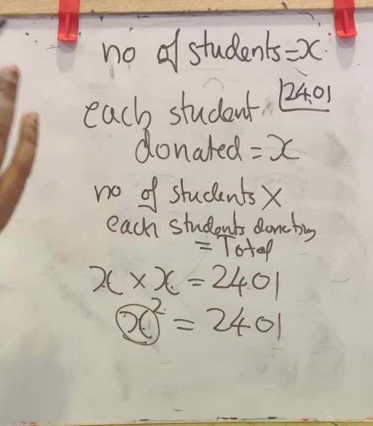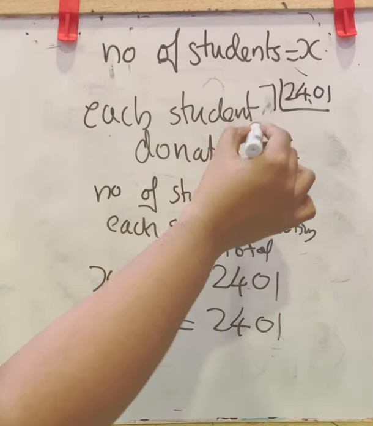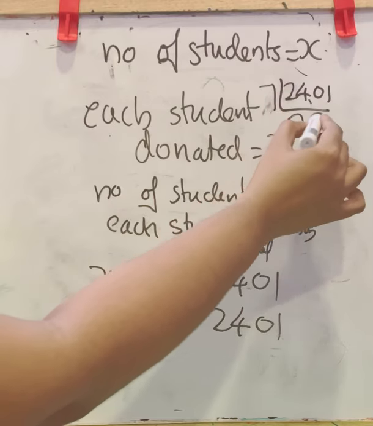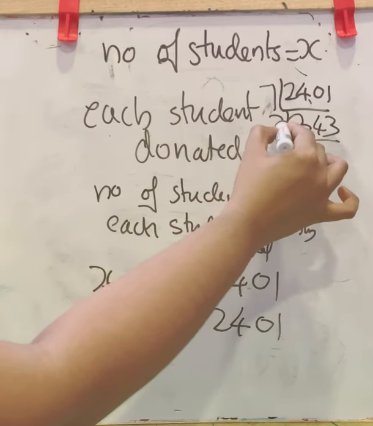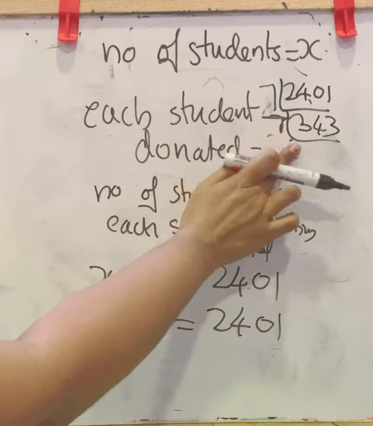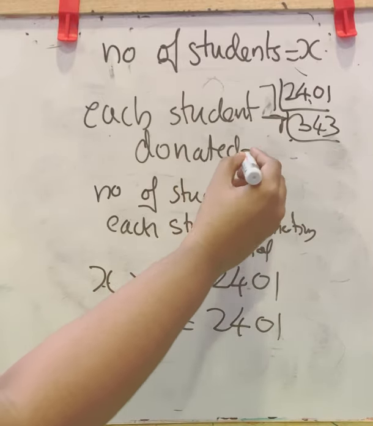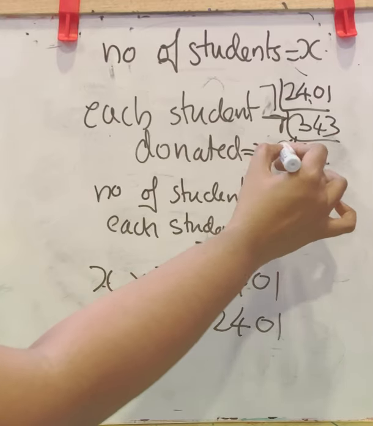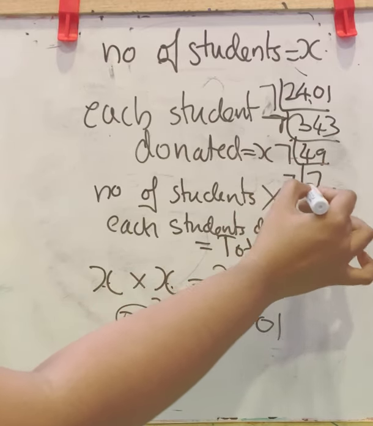You have to check the divisibility rules. Next, 7 is divisible: 3 7s are 21, 4, 3. Next again 7, that is 49. Again 7, 7 7s are 49, again 7, 1.